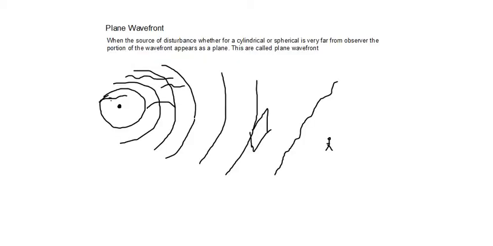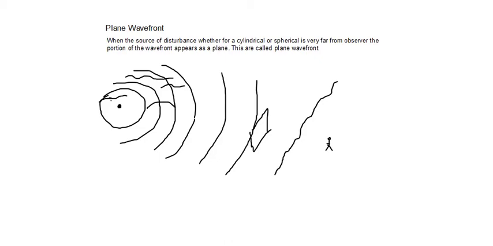Similarly, you could draw one more here. This gives you the idea in which direction the wave is propagating. All the points here are vibrating in the same phase, same motion, same direction of motion, everything the same. Such a locus of points is called a wavefront, and this is a plane wavefront.